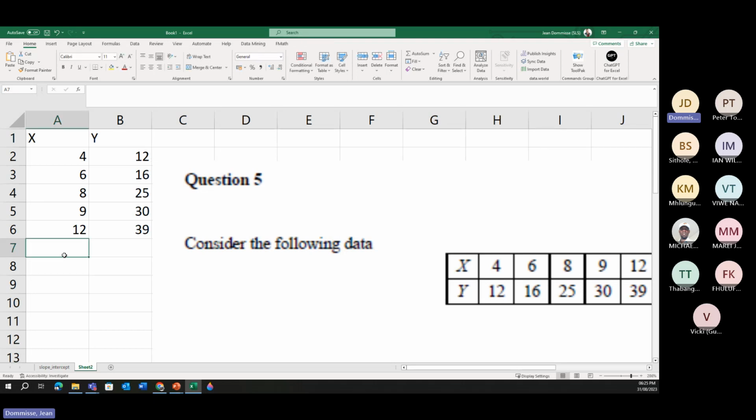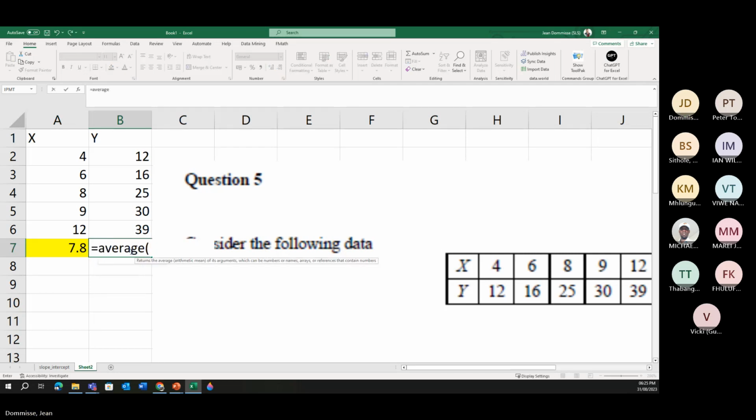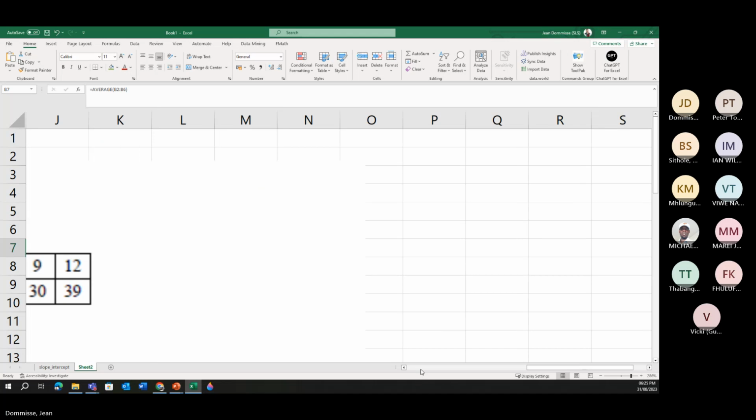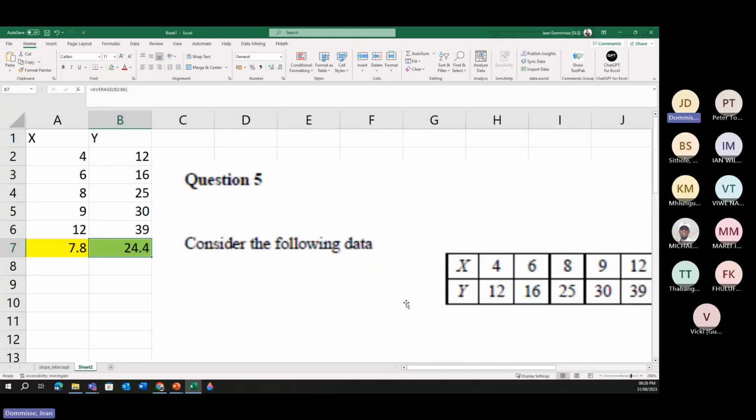Okay, so if we wanted to work out the mean, there isn't a mean function in Excel, but there's an average function. So that would have been the mean of X. That would have been the mean of Y. So if we want to use that later on in one of these formulas, we will be able to do so.